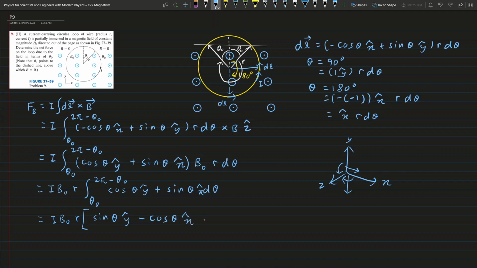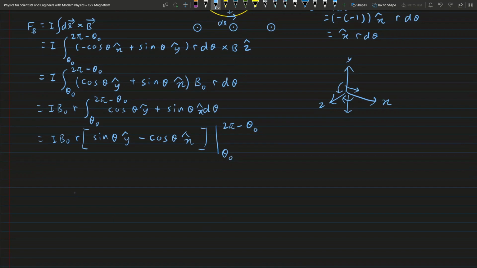So we write down the limit here, and we substitute the limit inside.